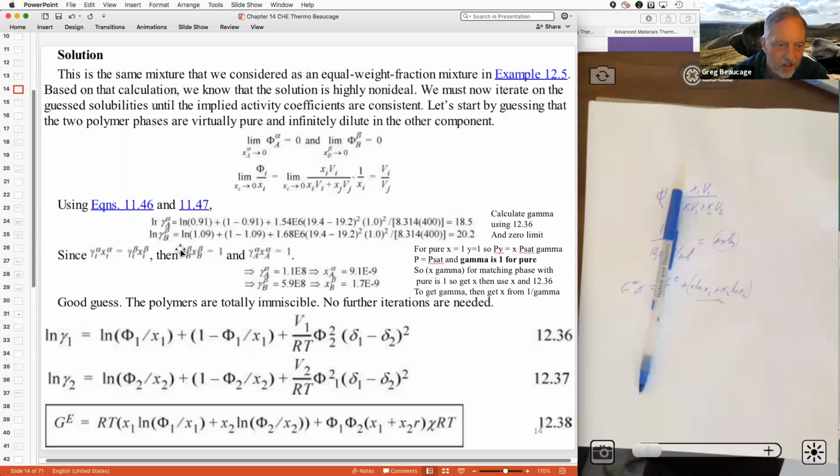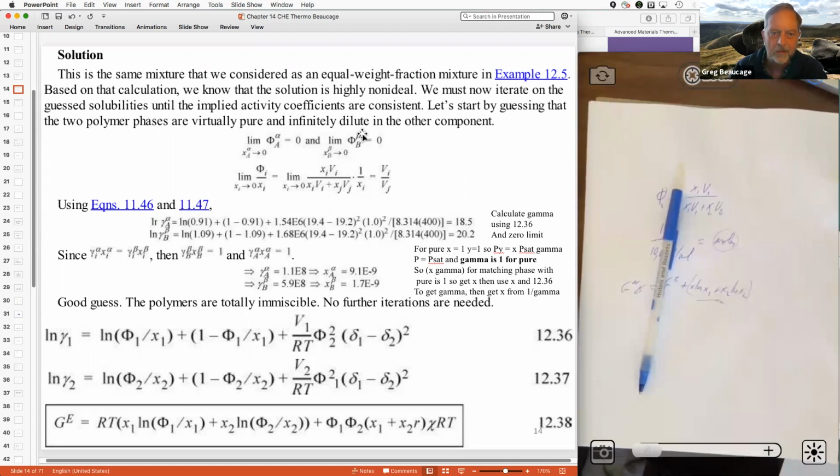So xb beta times gamma b beta equals 1, because xb is almost 1 and gamma b is almost 1. That means that xa is 1 over gamma a alpha. So you can get the 2 compositions, and there basically is nothing in it. Right. So they don't mix at all.